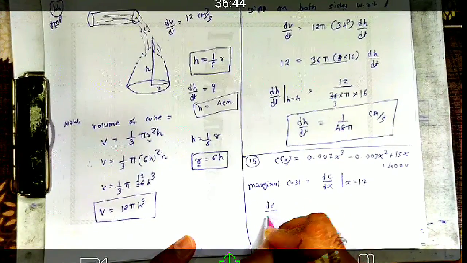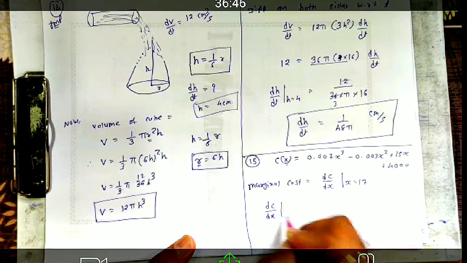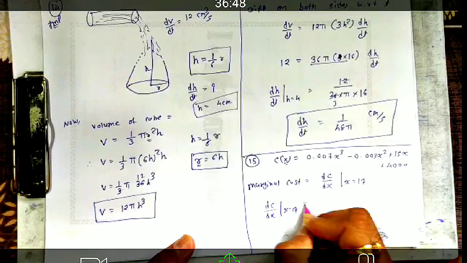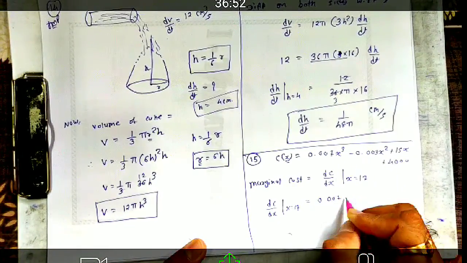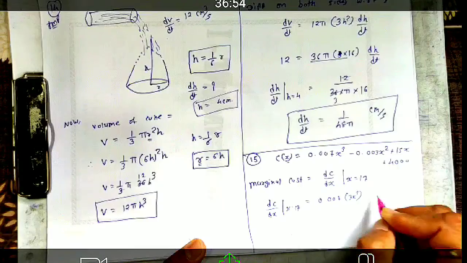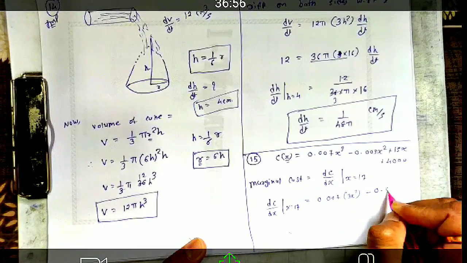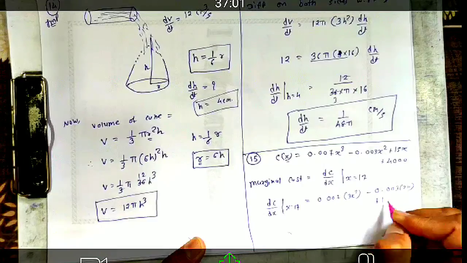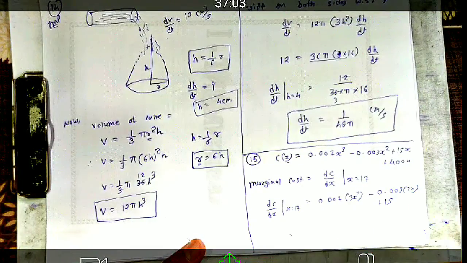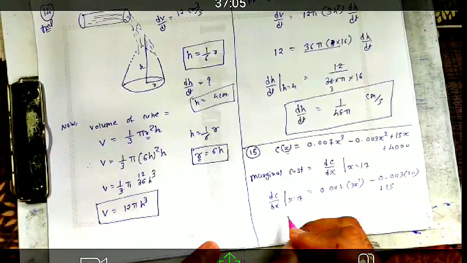So dC by dx at x equal to 17, that is equal to, this one is 0.007 into 3x square minus 0.003 into 2x plus differentiation of 15x is 15, and put x equal to 17 over here.